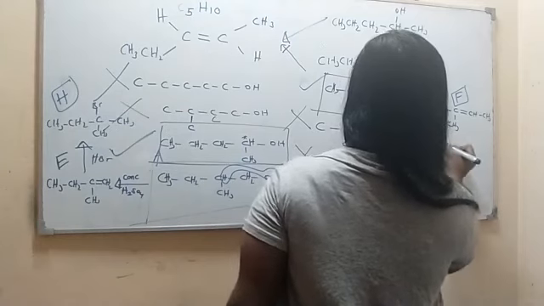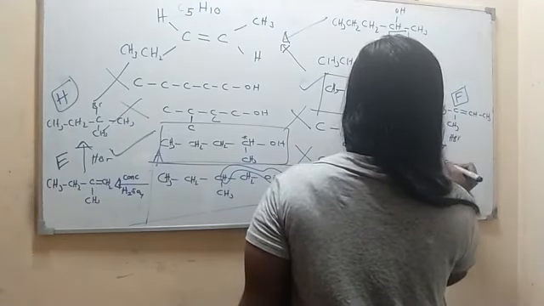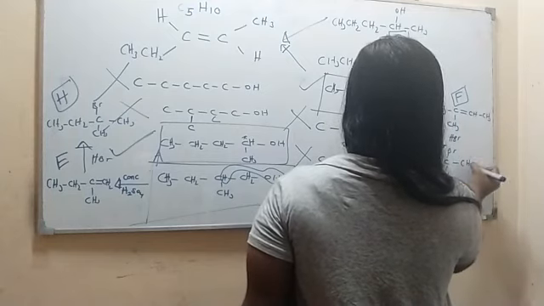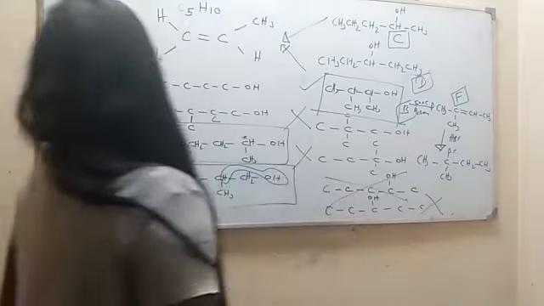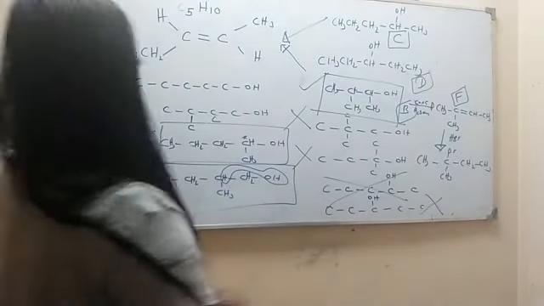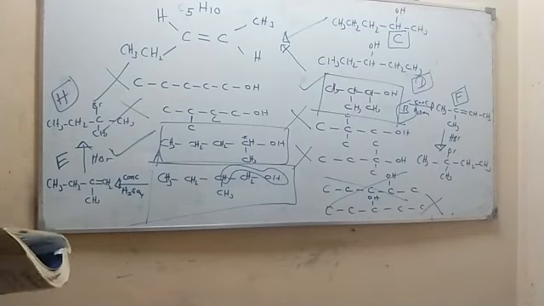We have already identified that. CH3, CH3, Br here, CH2, CH3 here. See, same product. That we call H. So they asked to draw the structures A, B, C, D, E, F, H. So we have drawn everything.